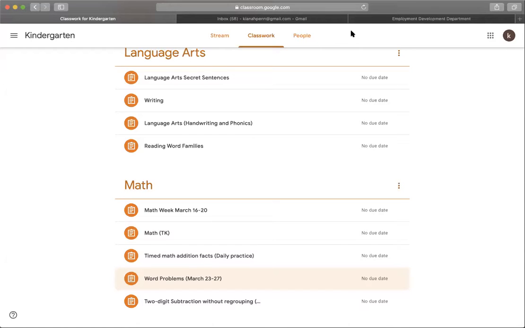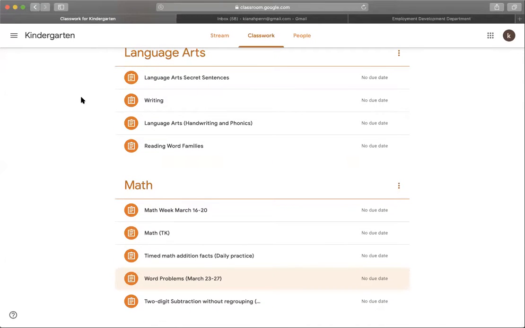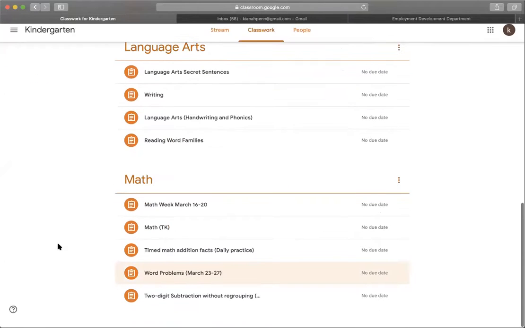Okay. So that would be good for Google Classroom. Just log on the website and put in that code. And then it should be able to bring you to all the documents that I'm utilizing.